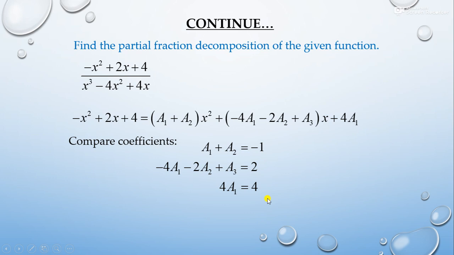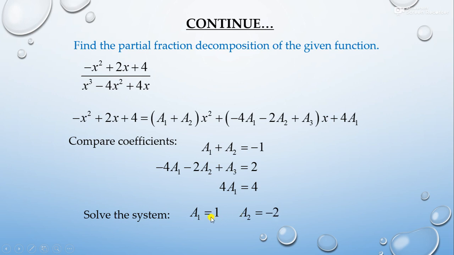Now we have 3 equations and 3 unknowns, a1, a2, a3. So solve these equations and find the values of our constants. From the last equation we can find the value of a1 easily, that is 1. Now we have a1, so we can find the value of a2 when we use a1 in equation 1, so that gives a2 is equal to minus 2.